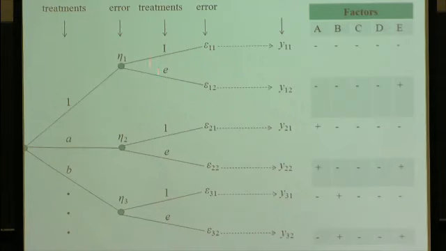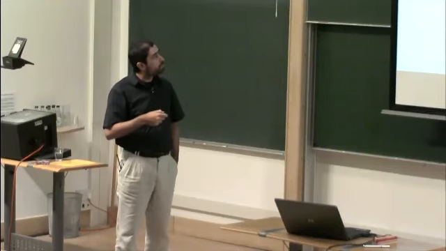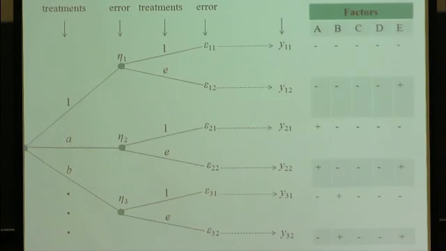And again, although they are coming from the same whole plot unit, they are not identical. So I ought to have another error source to explain the variation between the subplot units. And by adding those components, I can then observe my response. And the same applies throughout the other treatments.